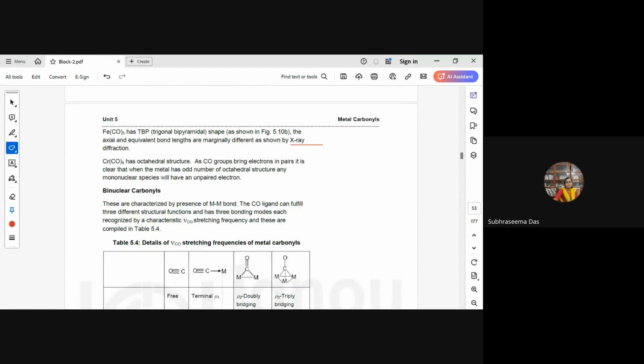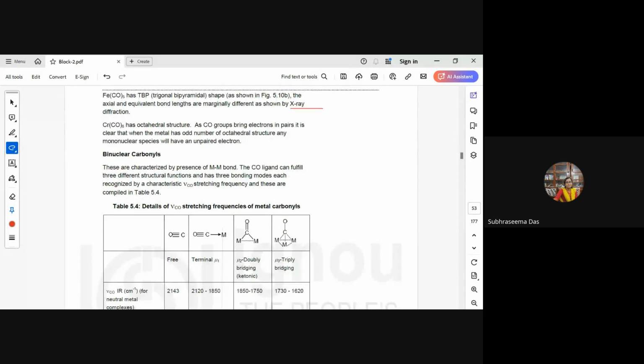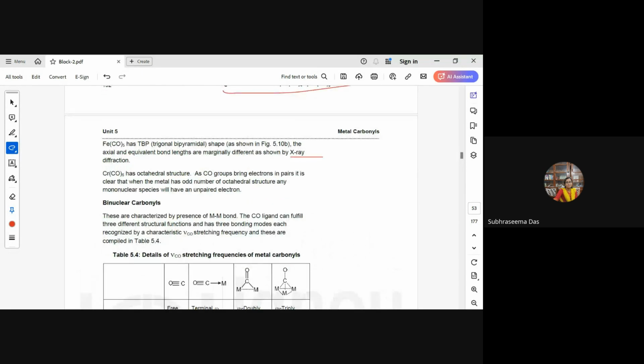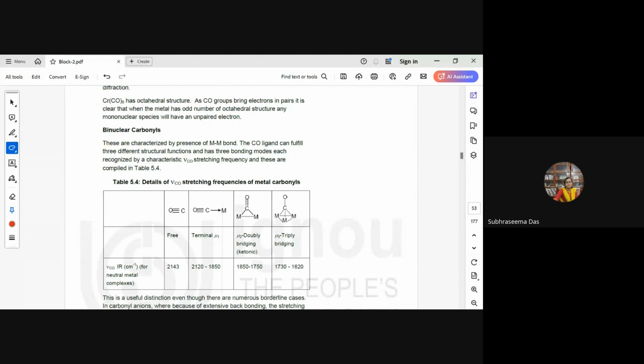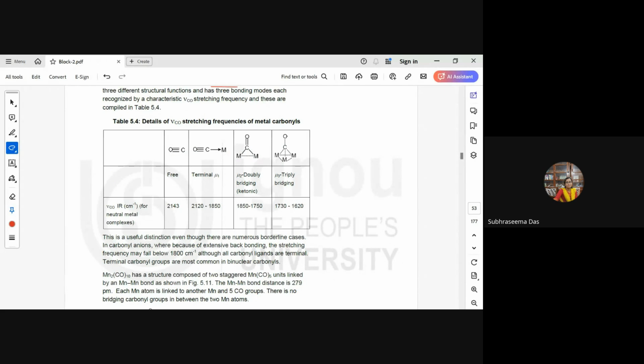Cr(CO)6 has an octahedral structure; the figure is not given, but it is octahedral. Then coming to binuclear carbonyls, there is a metal-metal bond. The CO ligand can fulfill different structural roles and has 3 different bonding modes. Here the details of the CO stretching frequency for various binuclear carbonyls are reported.